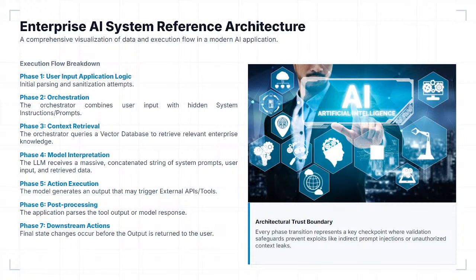Now, as a security analyst, checking through all of these phases, every phase transition represents a key checkpoint where validation safeguards are necessary to prevent exploits like indirect prompt injection or unauthorized context leak.